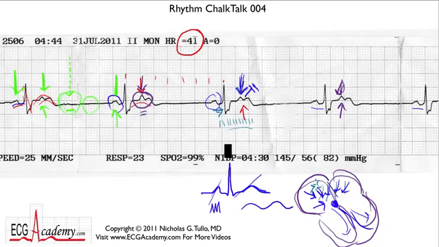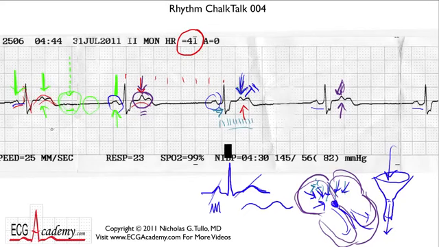So the AV node's kind of like a funnel. Think of a funnel as a device where you can pour lots of water into the top of it, but only a certain amount is going to come out the bottom. So the AV node's like a filter or a funnel, and it filtered out this P wave because it was just too early.